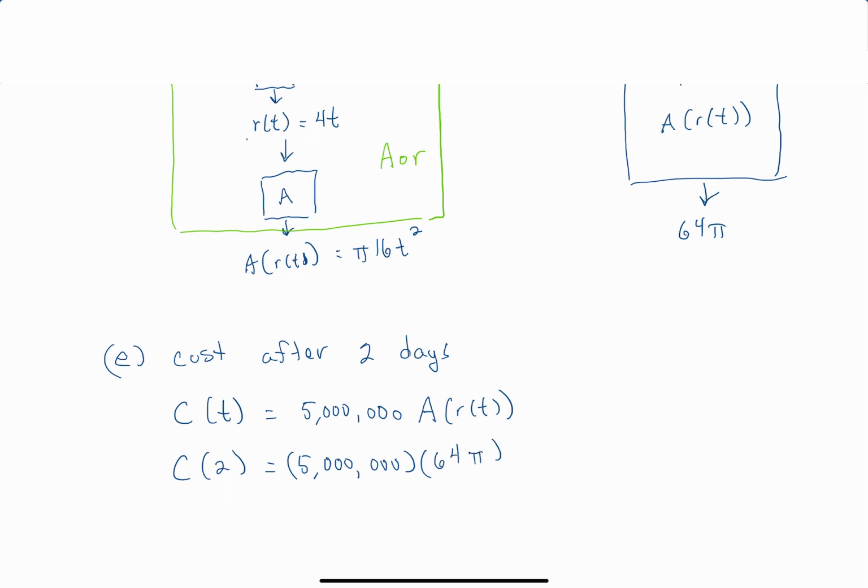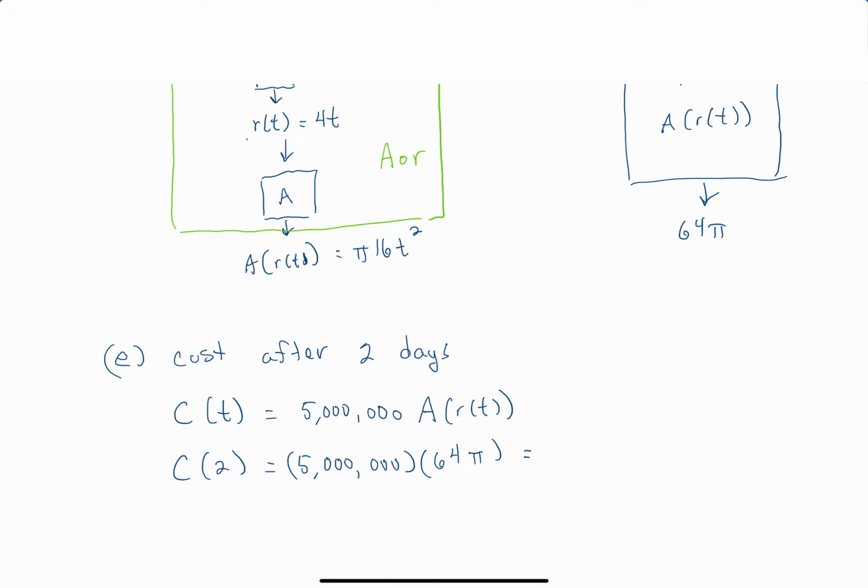Notice I'm using the exact answer here. I'm not using the rounded off decimal, because if you use rounded off numbers in your calculations, that introduces unnecessary error. So if you can, it's much better to do your calculation with the exact values.